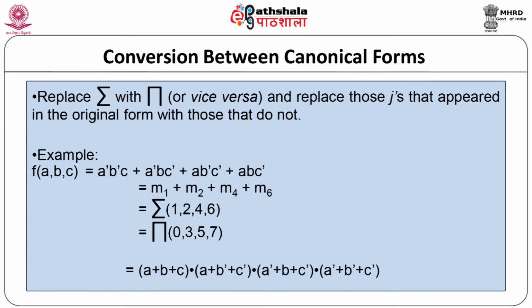So, for example, let us consider a Boolean expression of 3 variables a, b, c. We are showing 4 terms which are present in this sum of product form, which is equivalent to m1 plus m2 plus m4 plus m6, which is equivalent to summation of 1, 2, 4 and 6, which is equivalent to the product of 0, 3, 5, 7, and we can write the product of sums form as shown here.